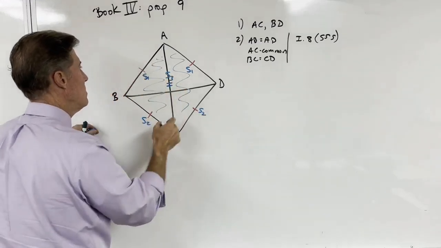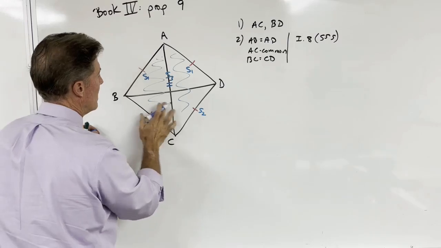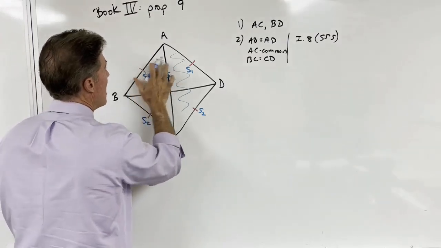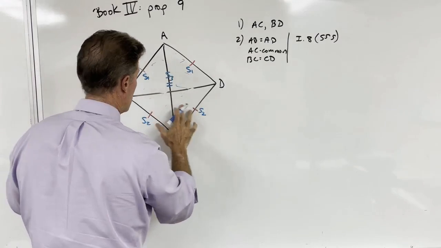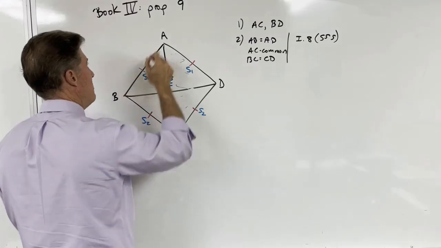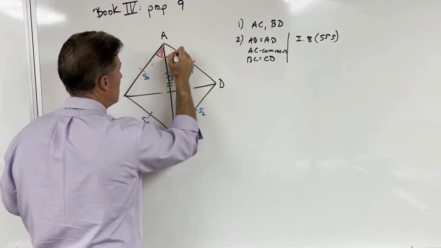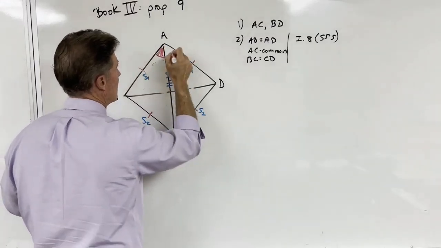Therefore, the triangles are equal in all respects. And what we care about in this particular case is showing that this angle, namely angle BAC, is equal to angle CAD.